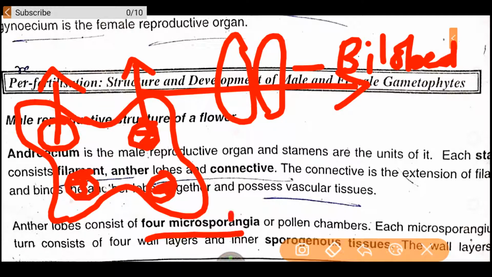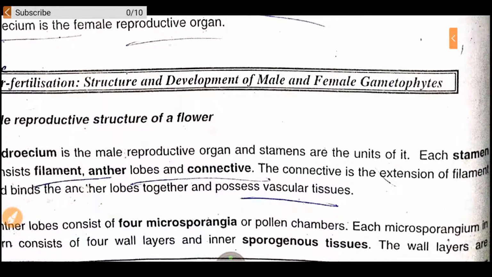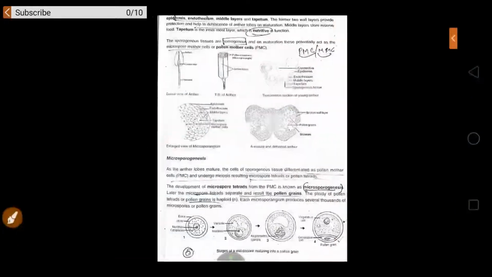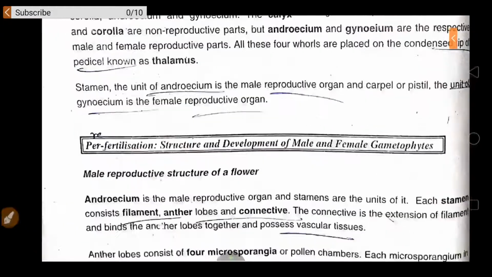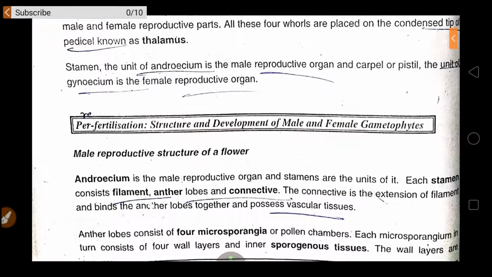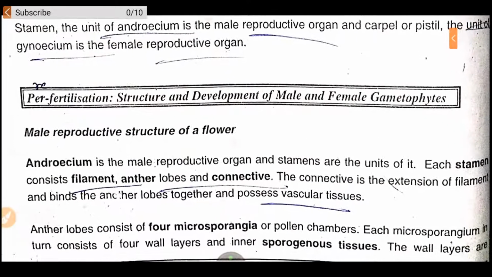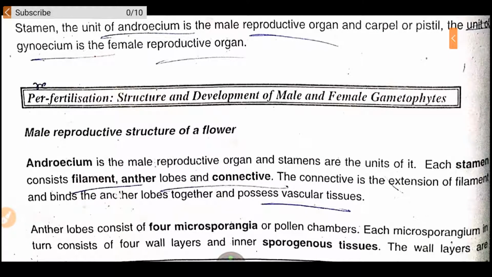What is the ploidy? 2n condition, diploid. Microsporangia are diploid. Each microsporangium in turn consists of four wall layers and inner sporogenous tissue.